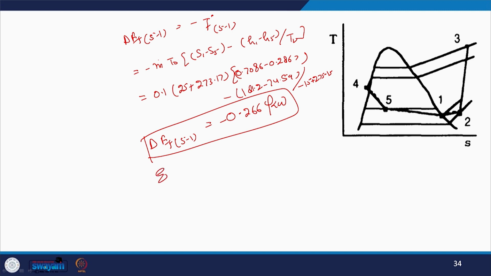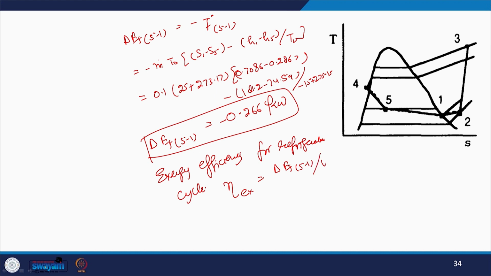So the exergy efficiency for the refrigeration cycle is given by delta EF 5 to 1 over W, and that is 0.266 upon 4.19. So this is 0.063.